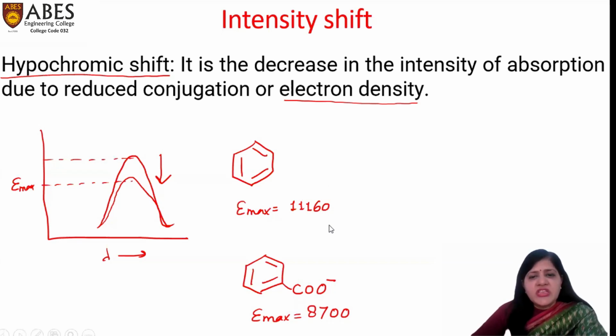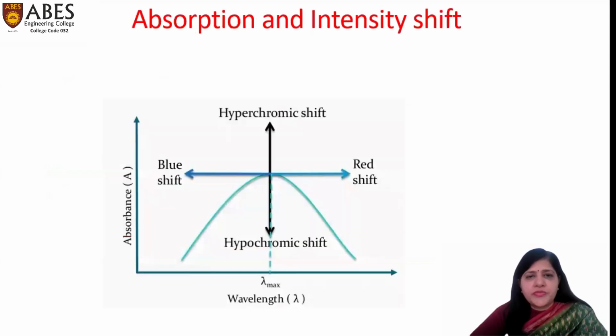This value is decreased because of decreased electron density on the benzene ring due to the minus I effect of the carboxylate ion. So this is hypochromic shift, or decrease in intensity of absorption due to decreased electron density or reduced conjugation.